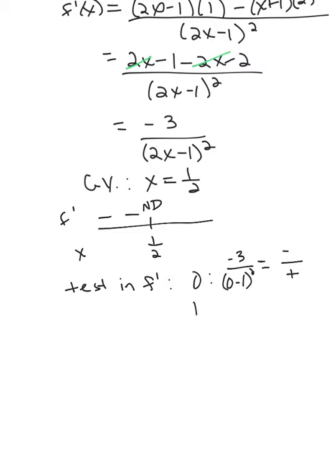If we test 1 in our derivative, we will have negative 3 over 2 minus 1 that we are squaring, which is still going to be a negative over a positive because of that squared in the denominator. So what we know then is that it is increasing nowhere.